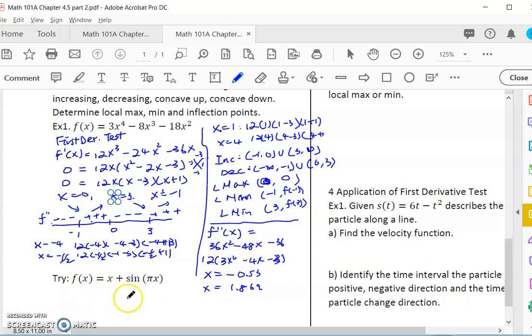So we'll just do the same thing, but this is f double prime, right? So we have the negative 0.53 here, and then the 1.869 here, and we do the test.